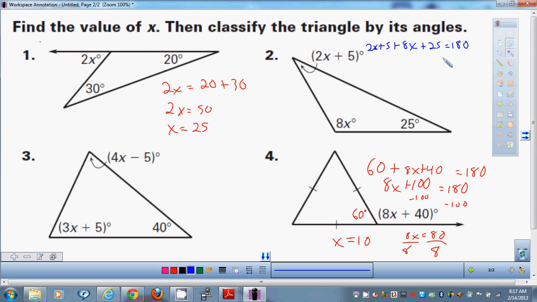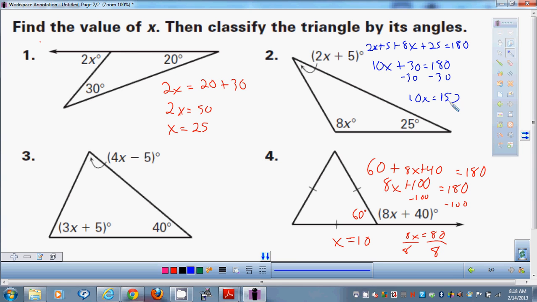So, like terms, 2x plus 8x, 5 plus 25, 30. Subtract 30. That's 10x equals 150.